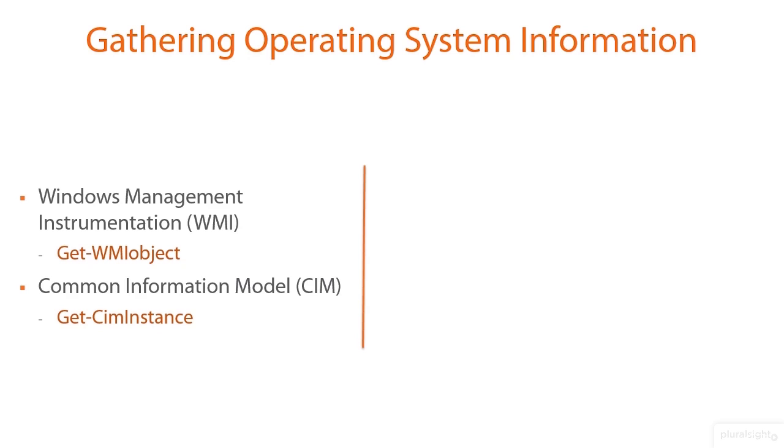CIM was introduced in PowerShell version 3 to work with WMI. Prior to version 3 of PowerShell, we only had access via WMI cmdlets such as Get-WmiObject. With version 3, this introduced us to CIM cmdlets such as Get-CimInstance.